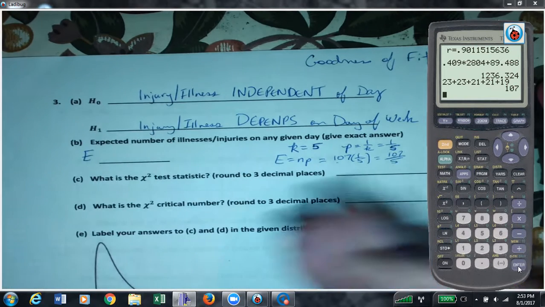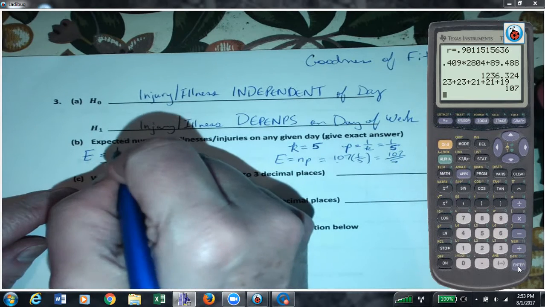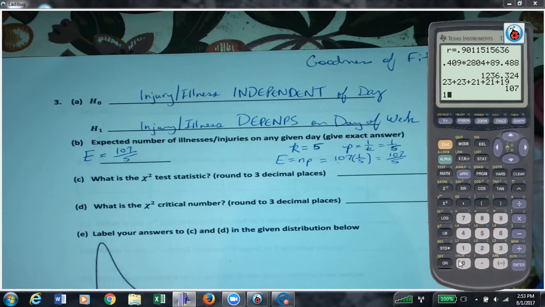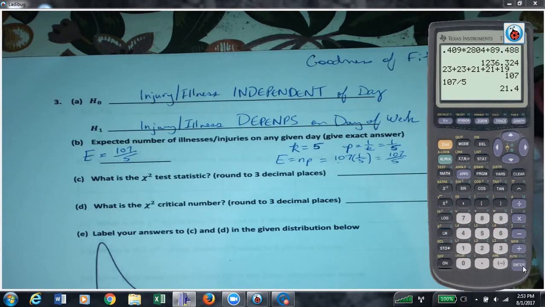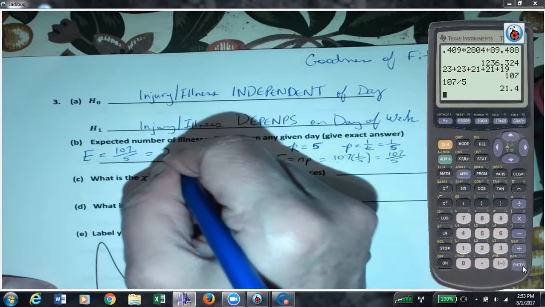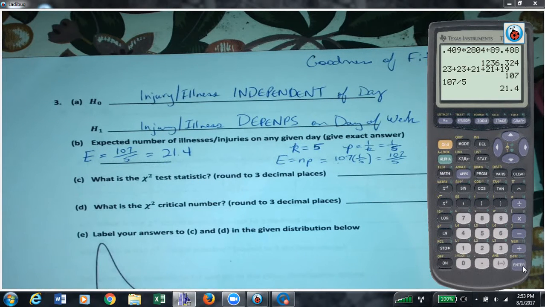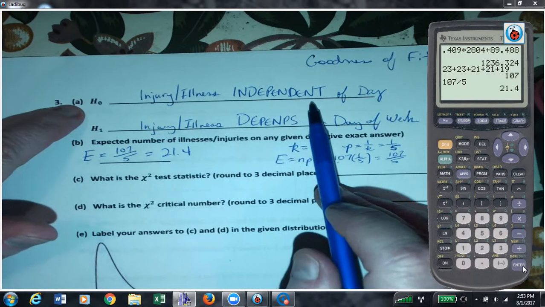So the exact answer would be 107 over 5, or 21.4. Either one of those is fine. So on any given day, we would expect 21.4 illnesses if there's nothing fishy going on.